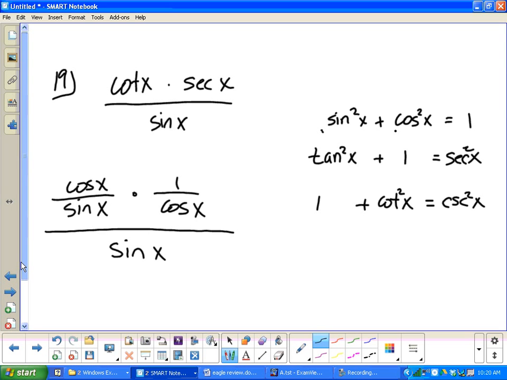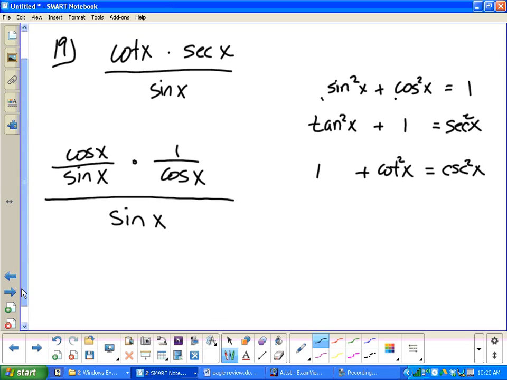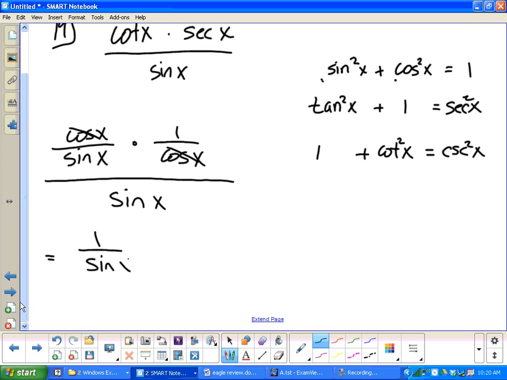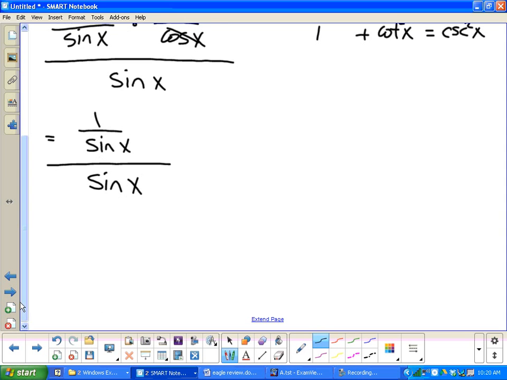Now, before we multiply by the reciprocal of that sine, the cosines cancel. So it gives you 1 over sine over sine. We'll multiply by the reciprocal.